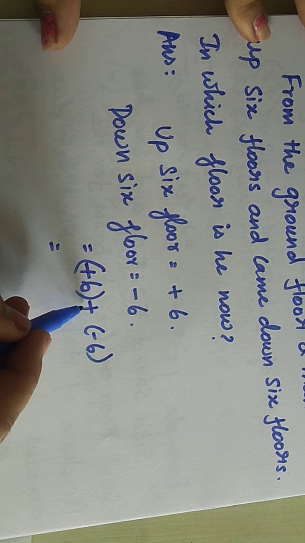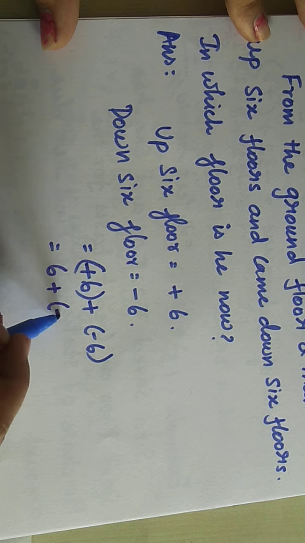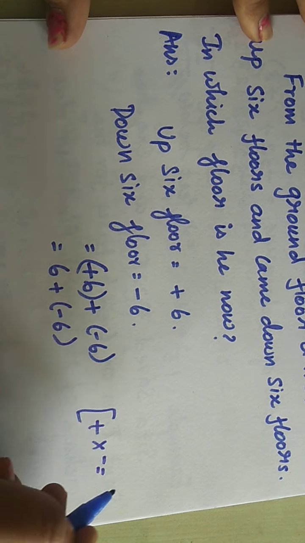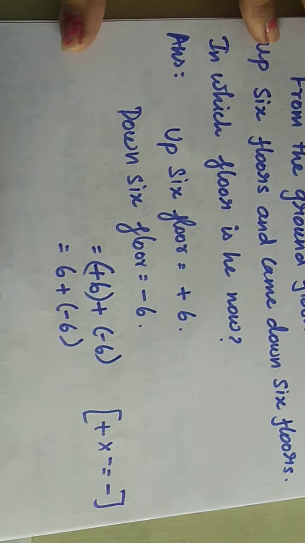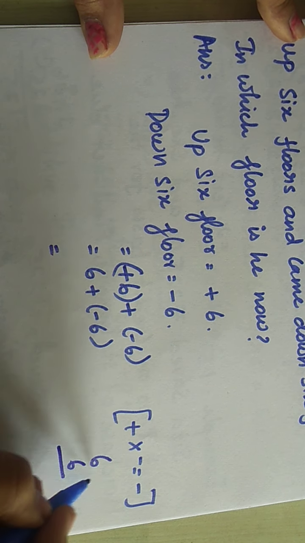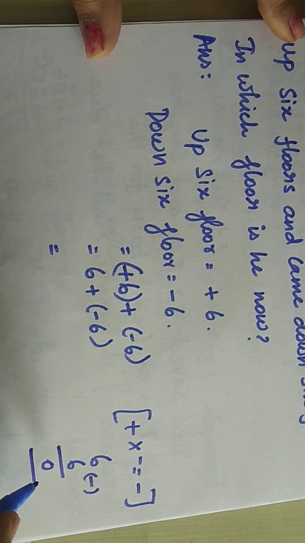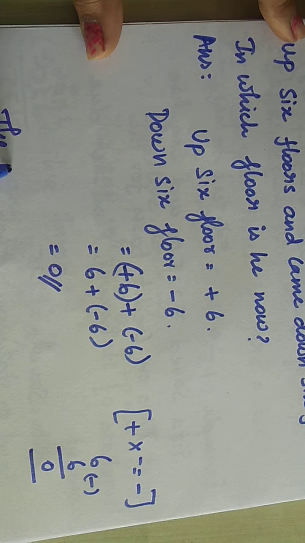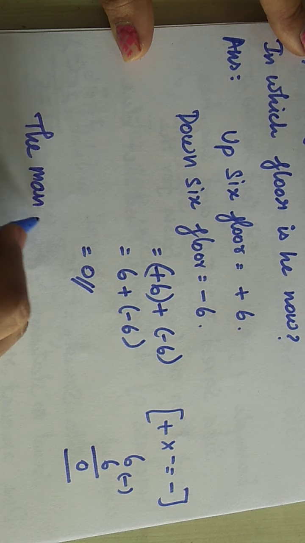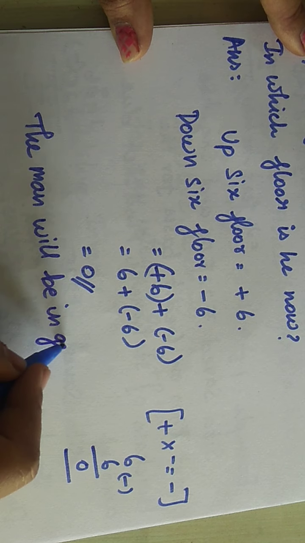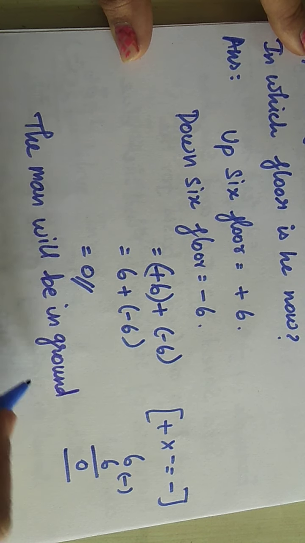Plus into minus is minus, so 6 minus 6 is 0. So the value will be 0. So the man will be in the ground floor. So 0 means it is the ground floor.